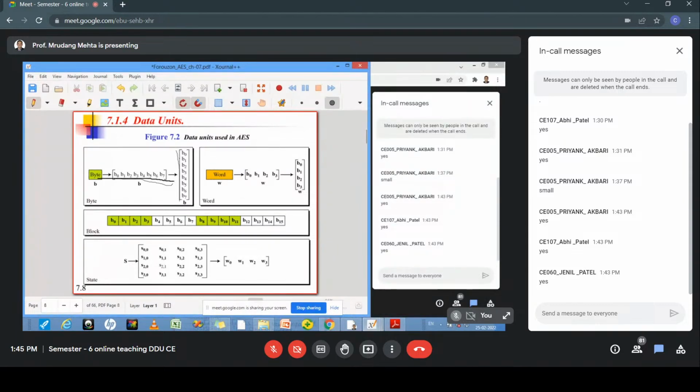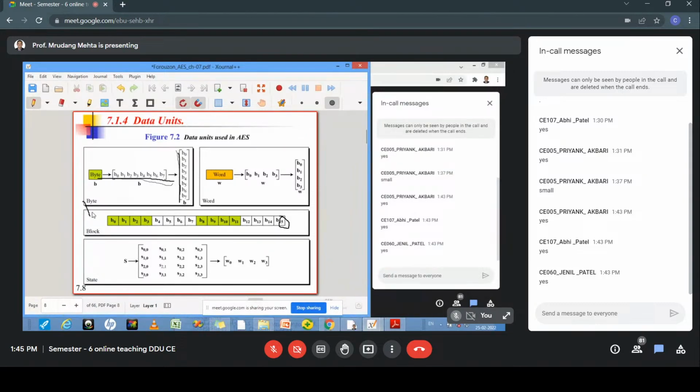This is row or column. So word is 4 bytes B0, B1, B2, B3. That becomes our word. Again, it can be represented as row or a column. And block is 16 bytes. So B0 to B15, that is 16 bytes, right?